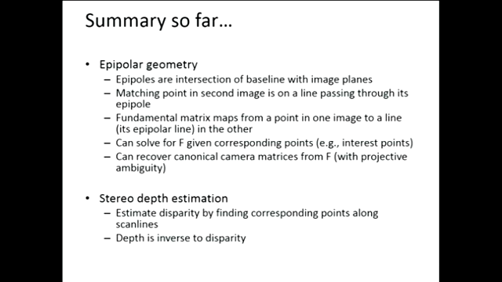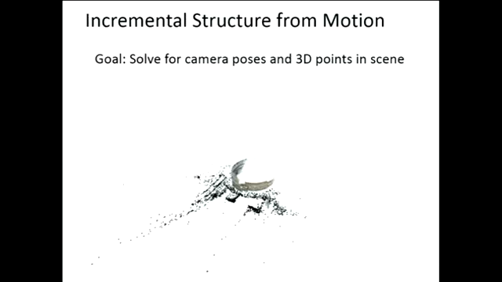Next class, we're going to talk about structure from motion, and we'll talk about a couple different forms of it. You could view it as a generalization of the two-view problem. It's when you have multiple cameras that have taken multiple images of the scene from different positions, and you want to solve for all of the camera poses and all of the 3D points in the scene.